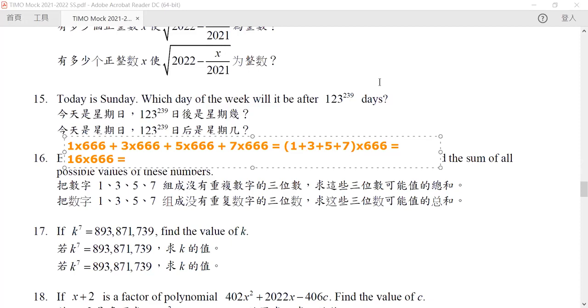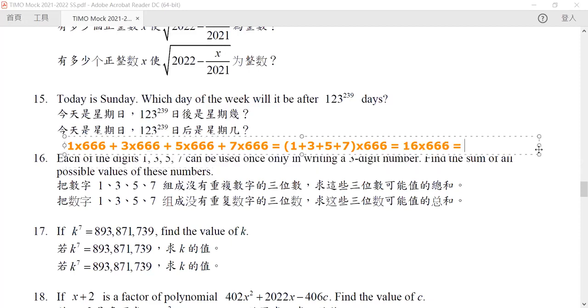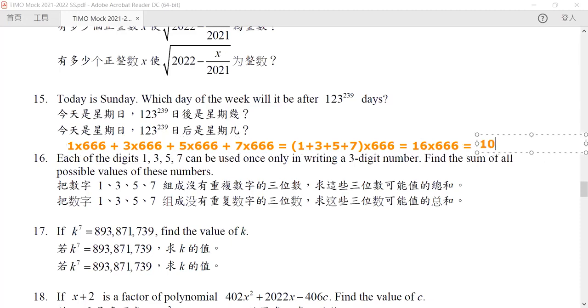Okay, let's go back to our questions here. So we are almost done. All we need to do is just calculate our 16 times our 666, and hence our answer is 10656. So our 10656 is our answer. Okay.